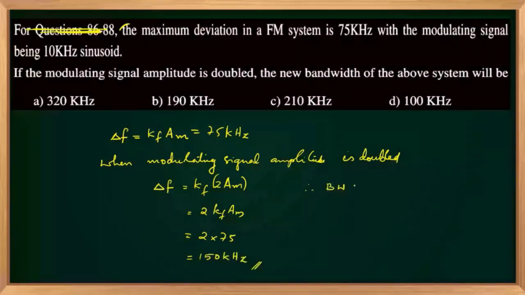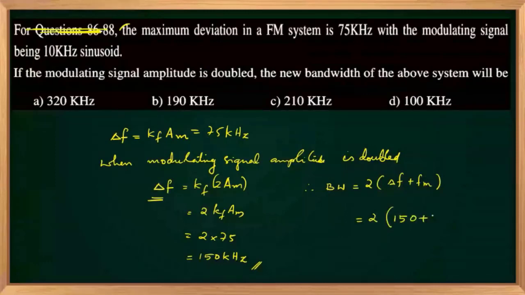Therefore, the new bandwidth is calculated with this delta f: 2 into delta f plus fm. Substituting here, we get 2 into 150 plus 10. 160 into 2 is 320 kilohertz.